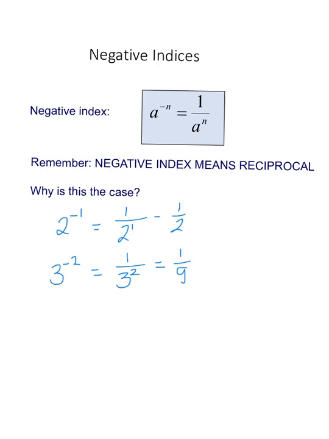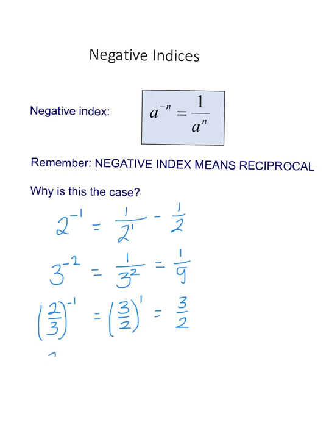If I had a fraction, so 2/3 to the minus 1, basically we flip the fraction and make the power positive. So that would just be 3 over 2.